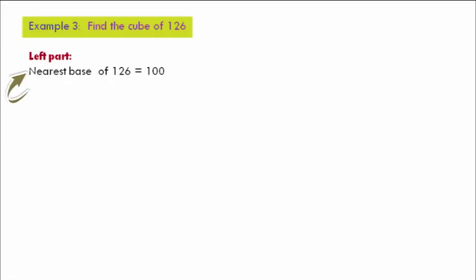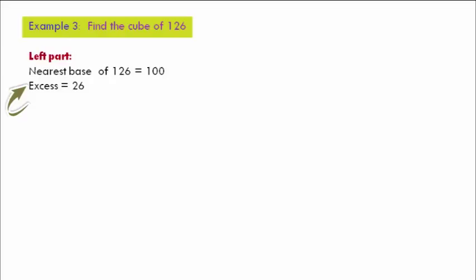The nearest base to the number 126 is 100. After finding the nearest base, we have to find the excess, that is 26. This excess is found by comparing the given number 126 with the base 100.